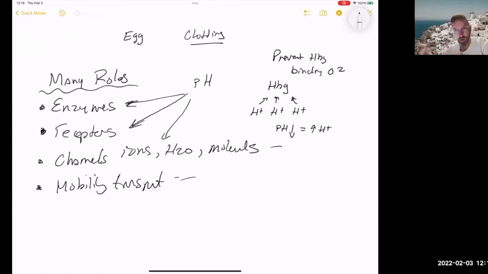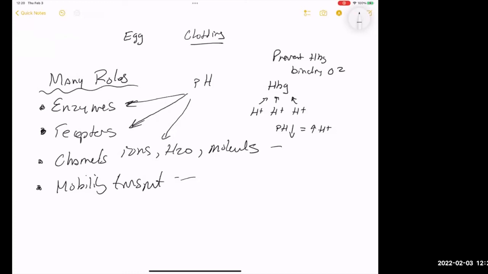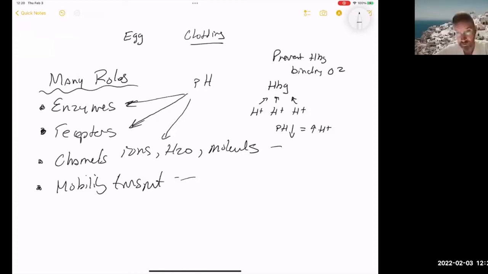You will become what we call hypercoagulable, or actually, no, you'll become hypocoagulable. You will not be able to clot efficiently. And so people who are hypothermic tend to be more prone to bleeding because the low temperature induces conformational changes in their clotting factors that prevent them from working.